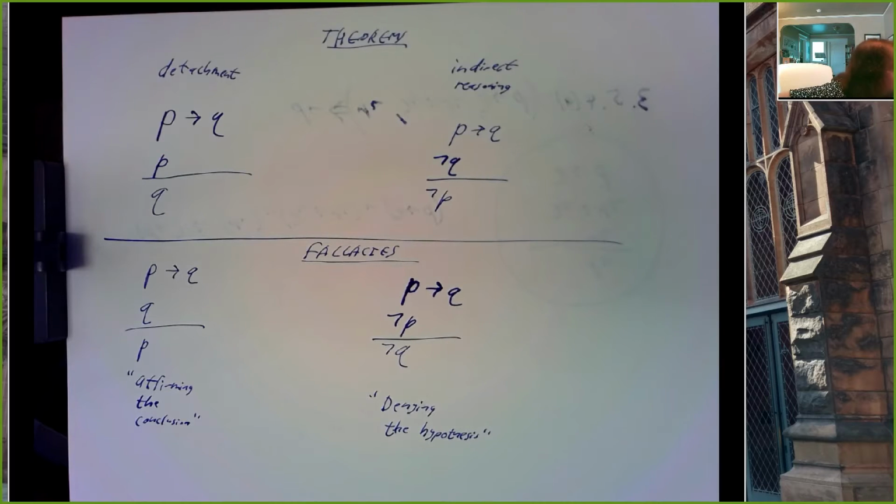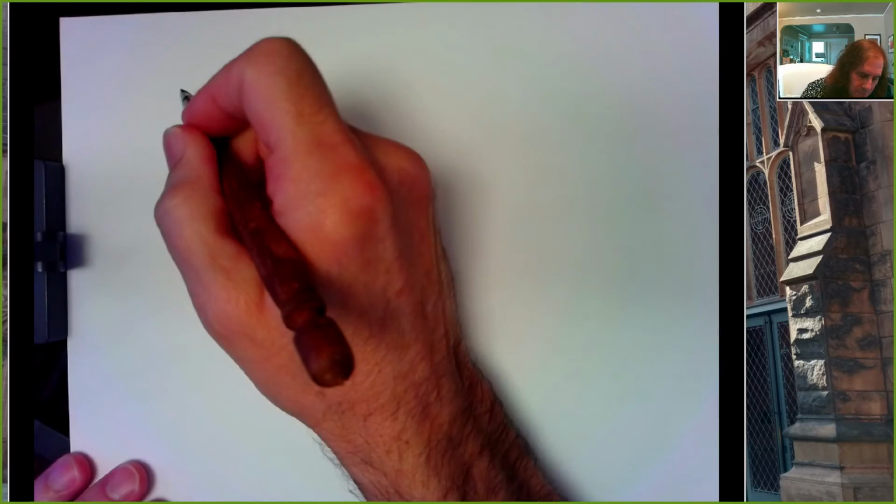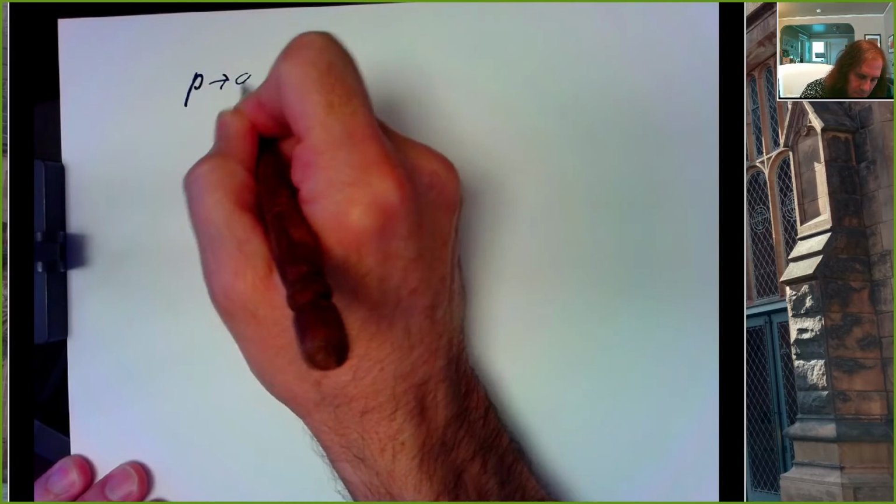So for conditional reasoning, I thought the third row of the truth table, where P is true, Q is false, the answer is false.